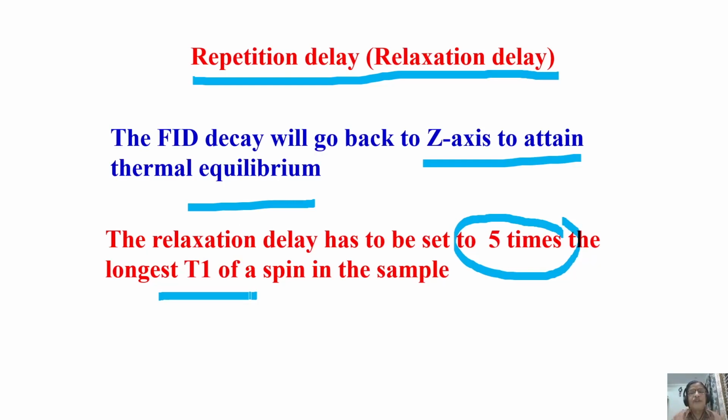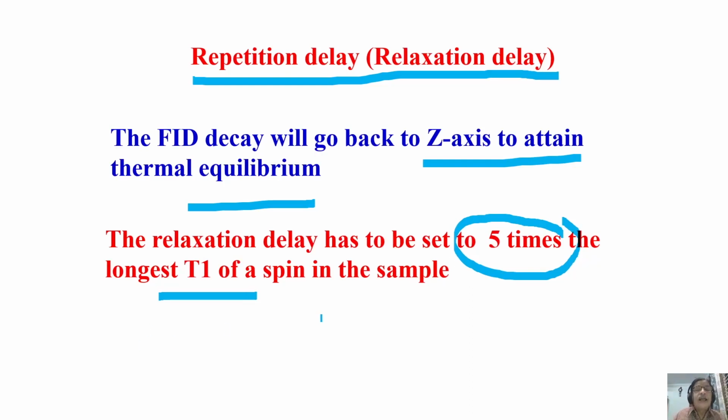You put the value into that equation, Mz equal to M0 into 1 minus e to the power of minus t by T1. Then you will find the factor turns out to be 99.99 percent, so Mz is almost equal to M0. The magnetization would have recovered 99.99% along the z-axis. Then you apply another pulse to get the signal.